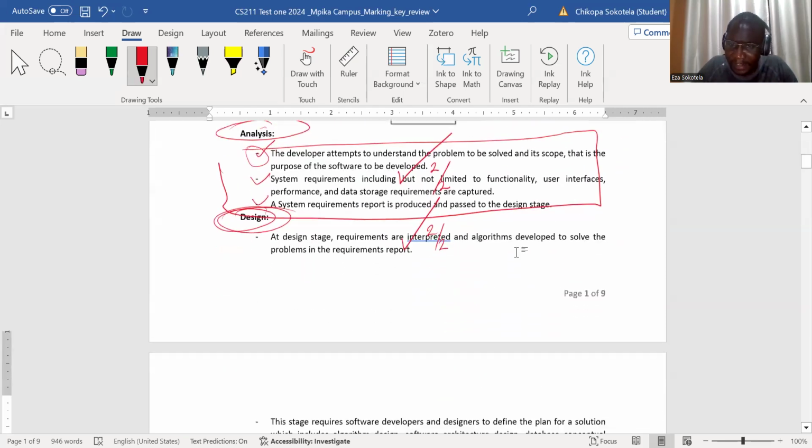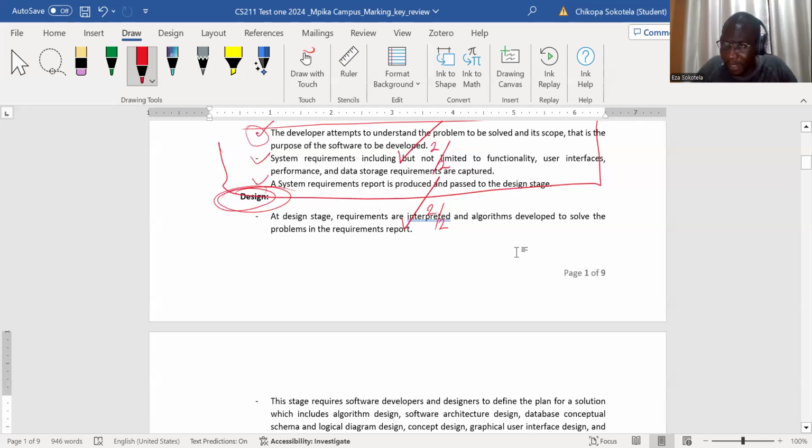When it comes to design, you know that this is the stage where you now prepare your algorithm, which can be presented in terms of pseudocode, flowchart, and many other ways. But in this course, it's those two that we have chosen.